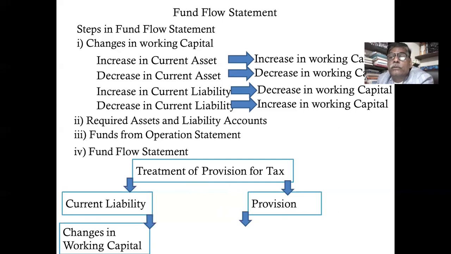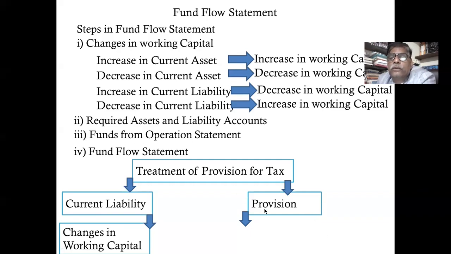After preparing the provision for tax account, you have to ascertain the missing item. If the provision is given in the problem, you will calculate tax paid. If tax paid is given in the problem, you will calculate the provision. Remember this. So you ascertain the current year provision and current year tax paid.